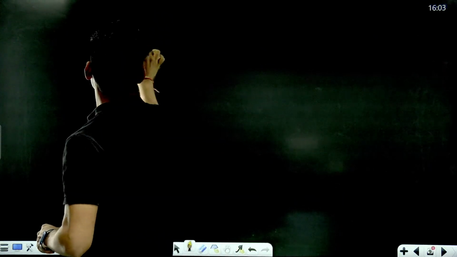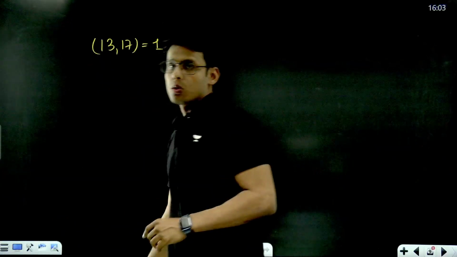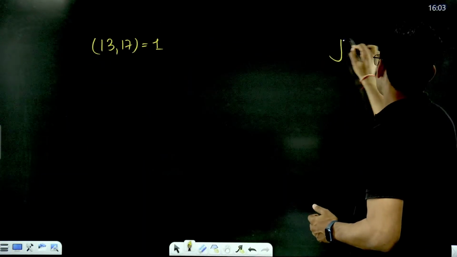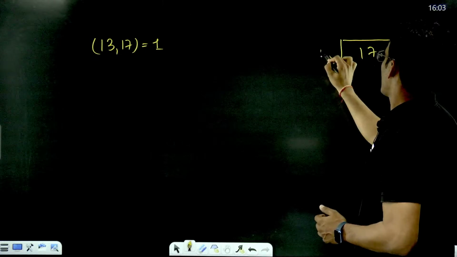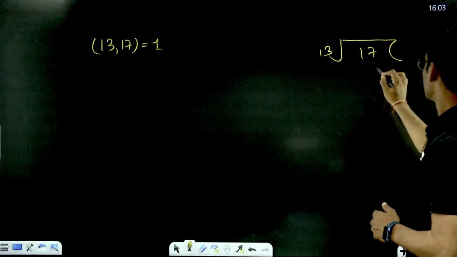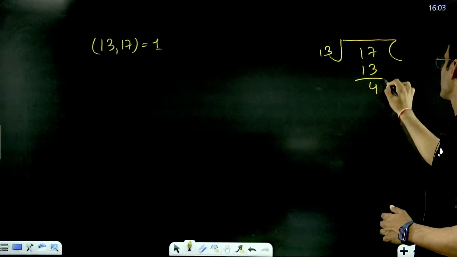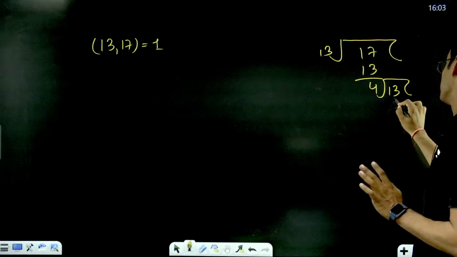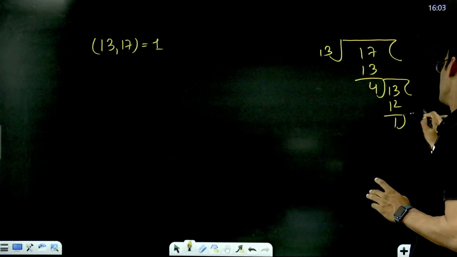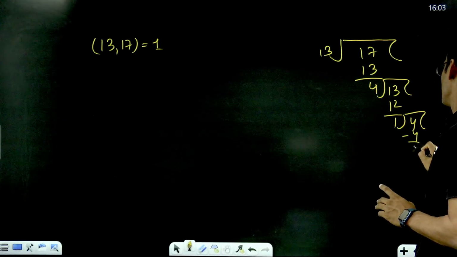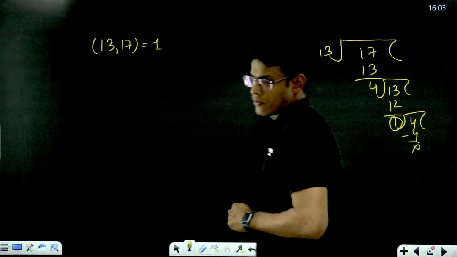Right? So when we were kids, how we used to calculate the HCF? I think this is how we used to calculate the HCF. If you remember, in the last you have this as your HCF, right?